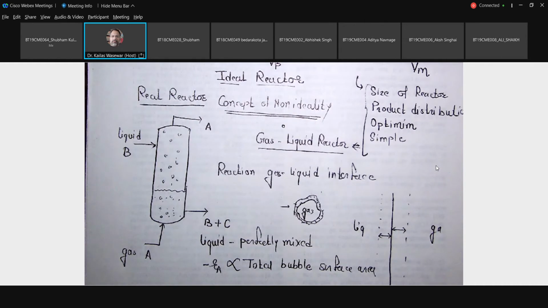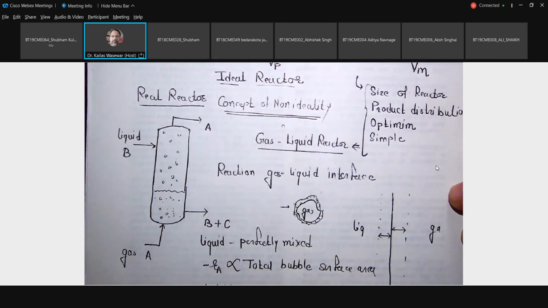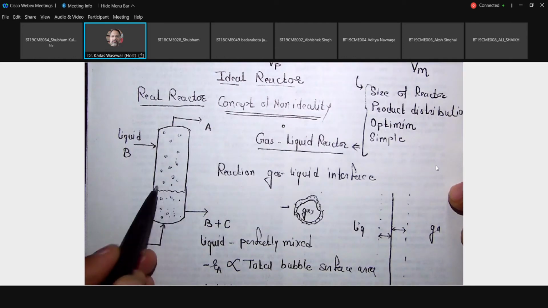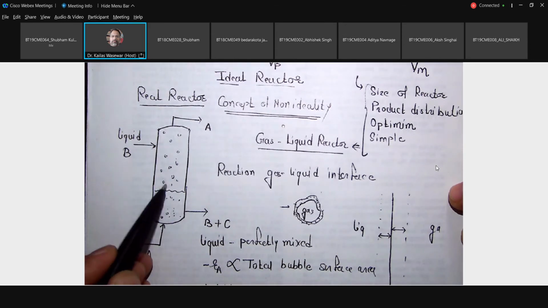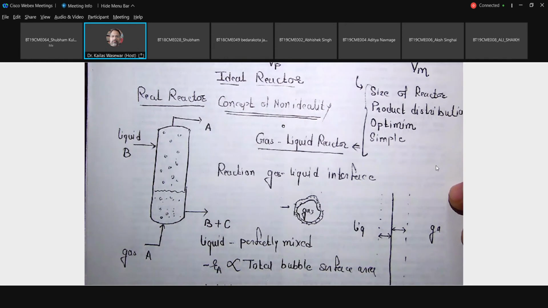That means again this bubble area will depend on the time spent in the reactor. If that bubble is there for more time, then definitely the A present in the bubble will get consumed more, because surface area is available.